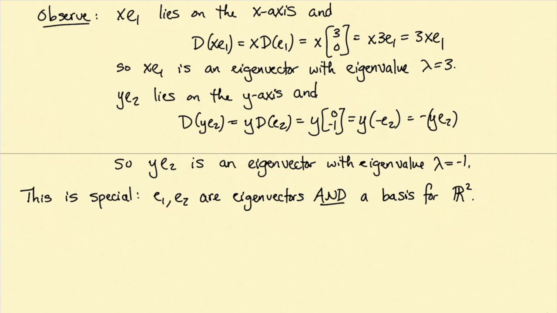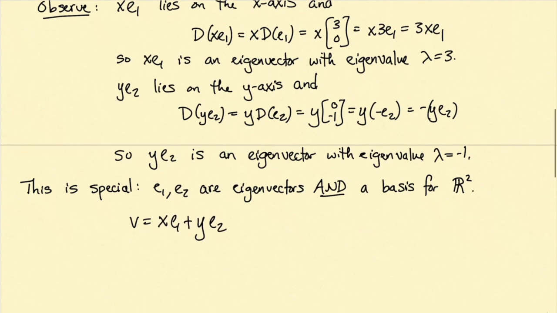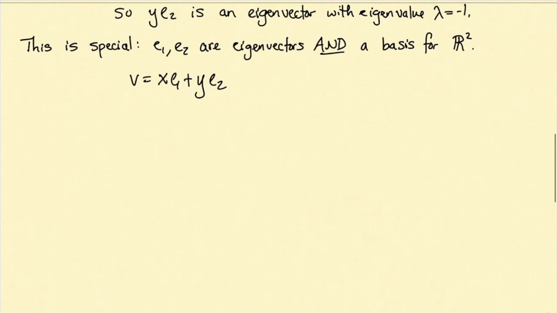So, of course, then the question is, well, why is this special? Well, once we know that we have eigenvalues and eigenvectors, and those eigenvectors form a basis, we can simply rewrite any vector in terms of our basis. If we want to apply the matrix D to our vector, well, that's the same thing as applying it to this linear combination xE1 plus yE2.